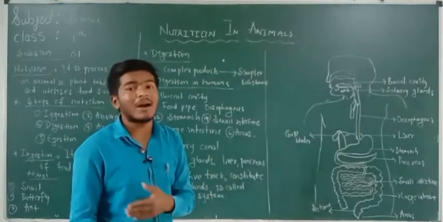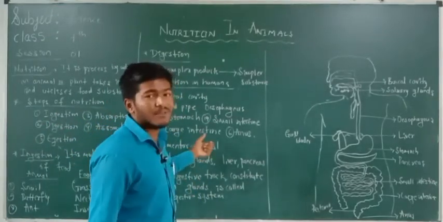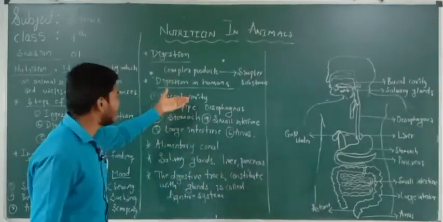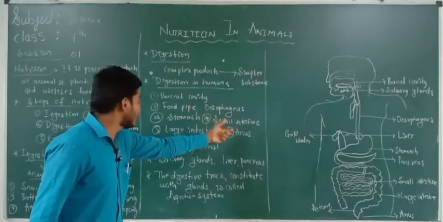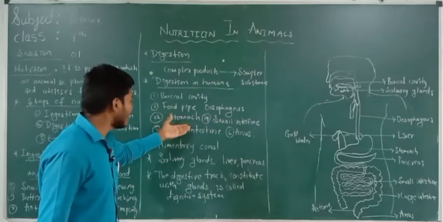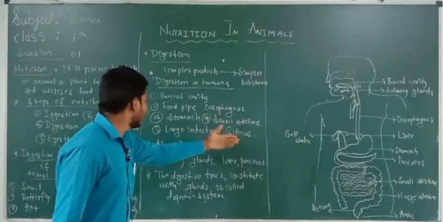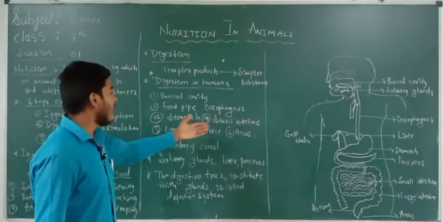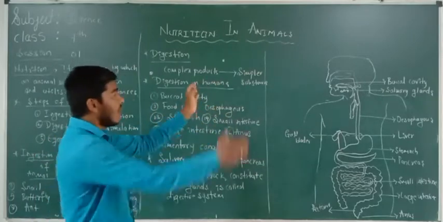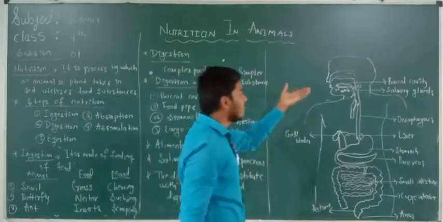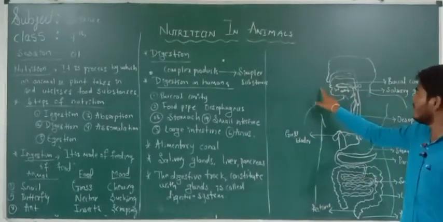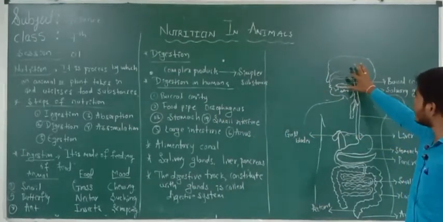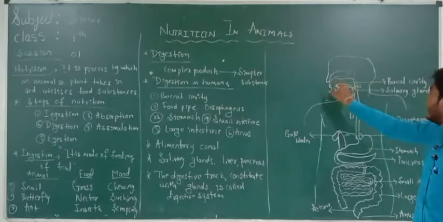What are the components of the digestive system of the human body? The first is the buccal cavity, the second is the food pipe or esophagus, the third is the stomach, the fourth is the small intestine, and the fifth is the large intestine and anus. This is the long canal through which the food moves in the body. The digestion of food starts from the buccal cavity. This is the buccal cavity of a man.